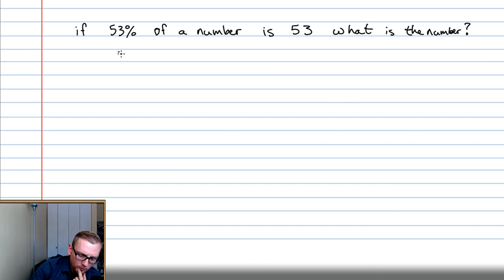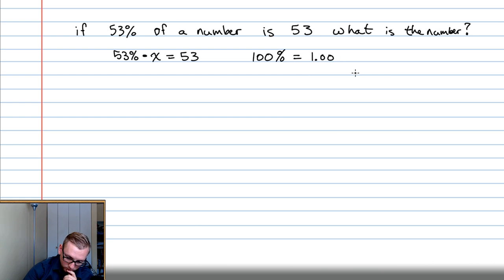Okay, so 53% times some number x is equal to 53. What is x? Well, remember, what is a percentage? 100% is equal to 1.00. 53% is equal to 0.53.